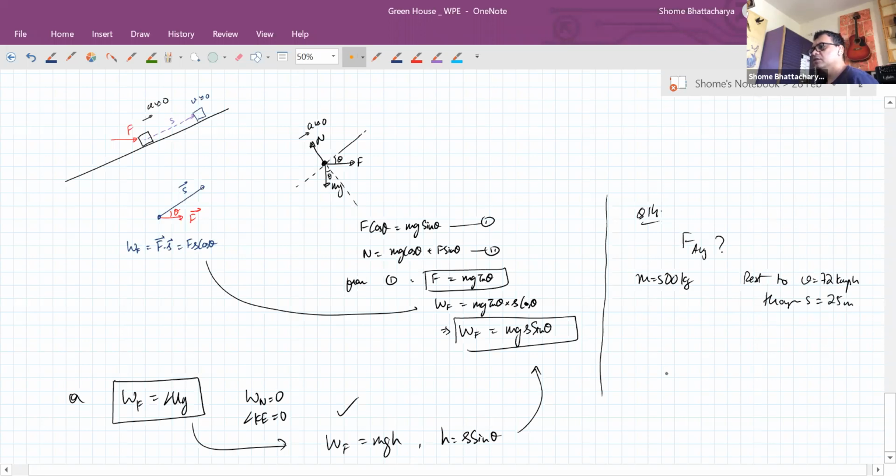So we can see that the average force into displacement is equal to work done by F, and that should be equal to change in kinetic energy. So you can use this.